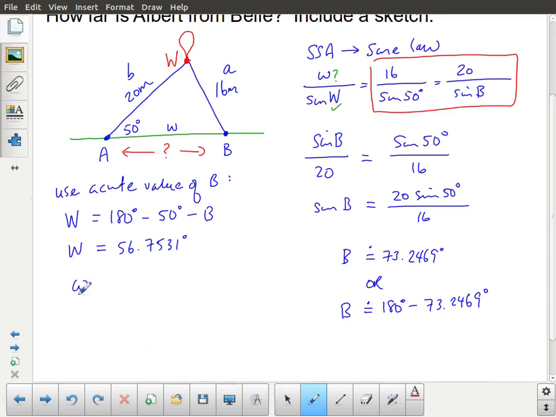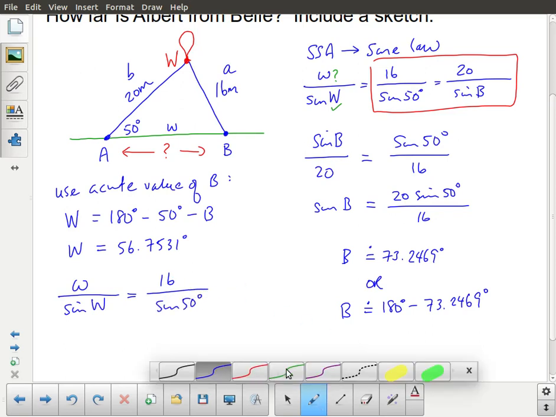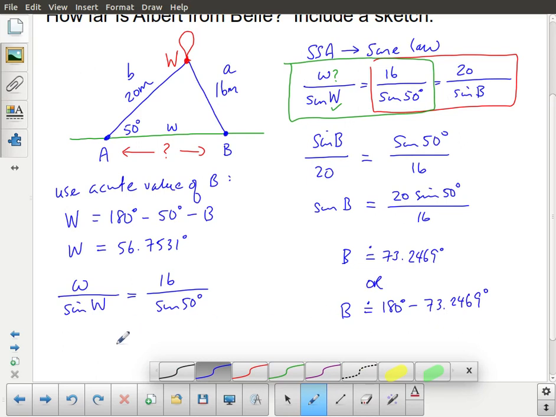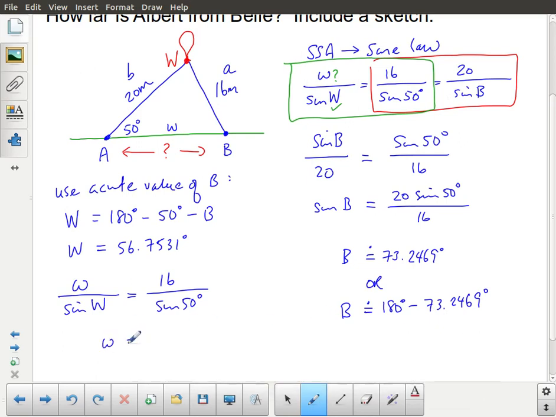So now I get the length W over the sine of W is equal to 16 over the sine of 50. Notice now I'm using a different pairing from the sine law. I'm using this one in green. And W, the length W, is equal to 16 sine of the angle W over the sine of 50 degrees.